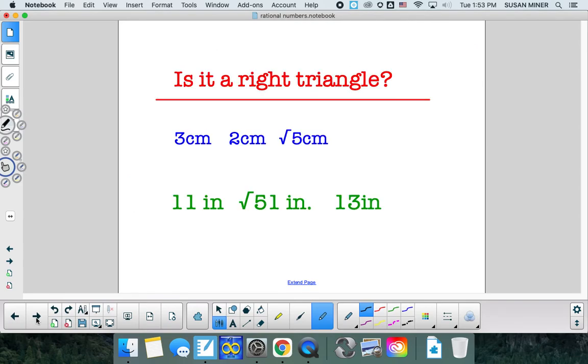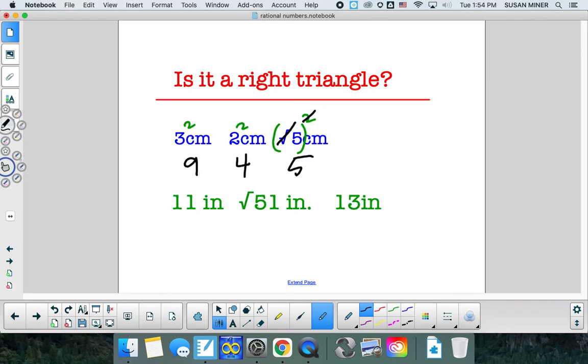Okay, so here's an example. Are these right triangles? Let's find out. The easiest way to find out my two shortest side lengths is just square all of my numbers to start with. So I'm going to square, square, square, right? So 3 squared is 9, 2 squared is 4, and the square root of 5 squared is 5.